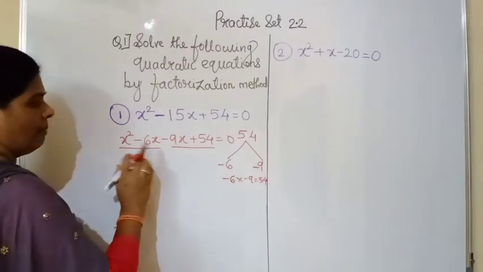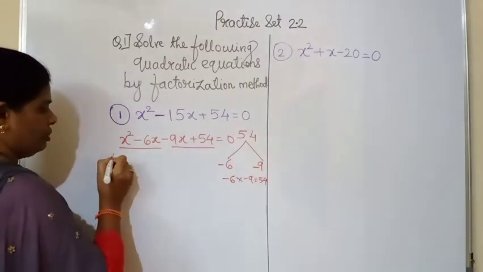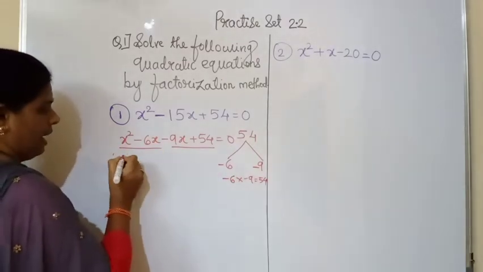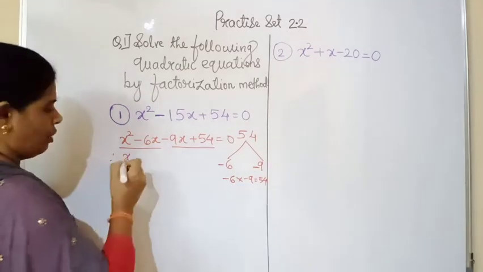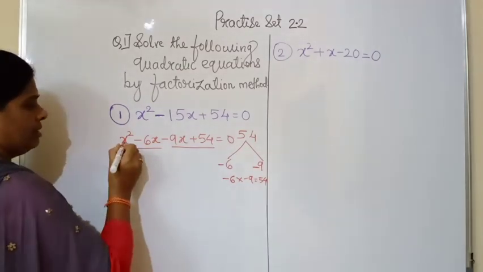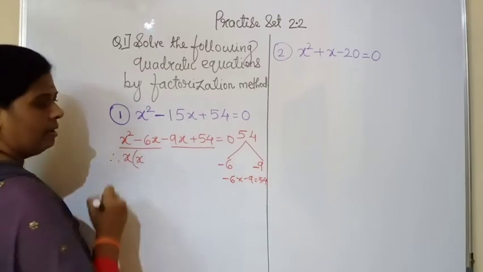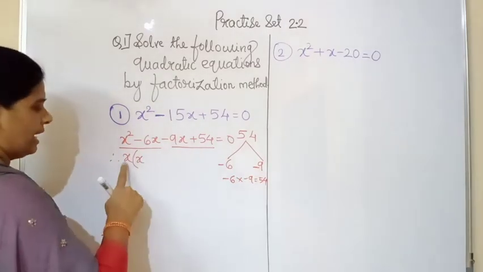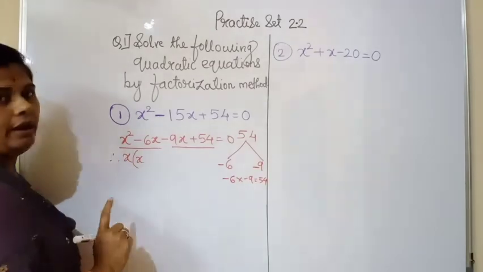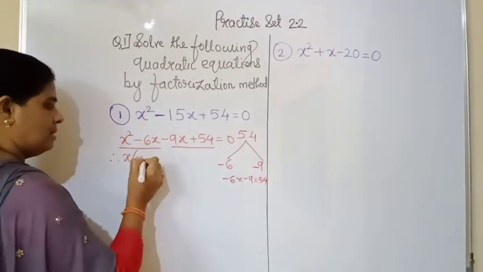In x square and minus 6x, x is common. Now what will remain in the bracket? Here in x square, I have taken out 1x, so 1x will remain inside, so that x into x gives you x square. Then the minus sign.